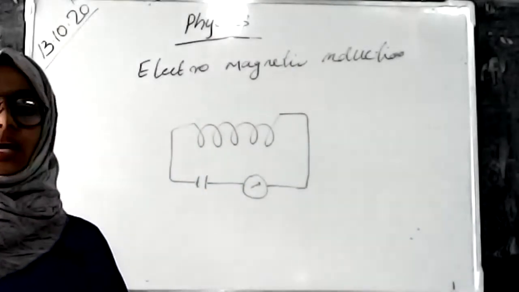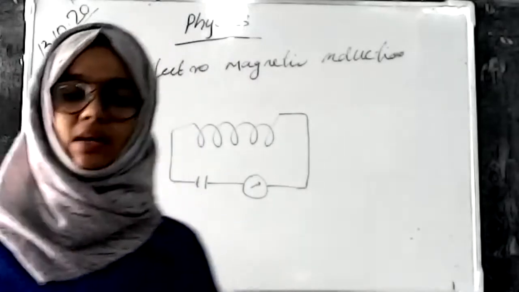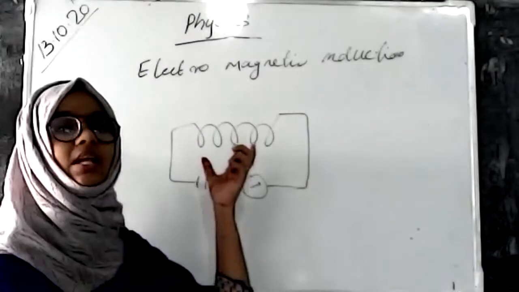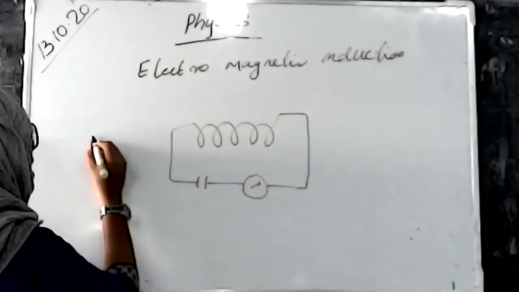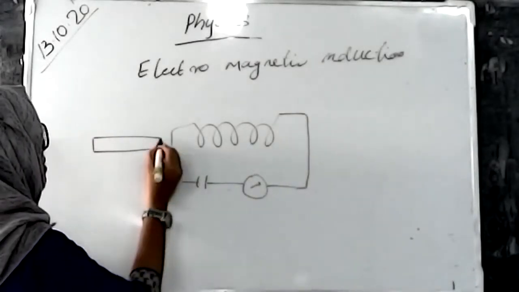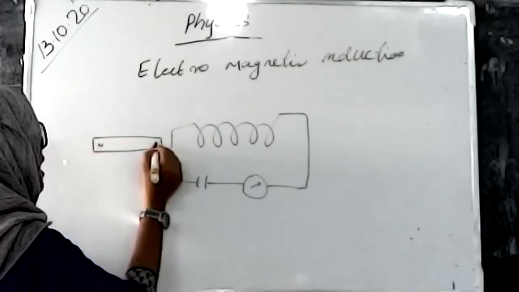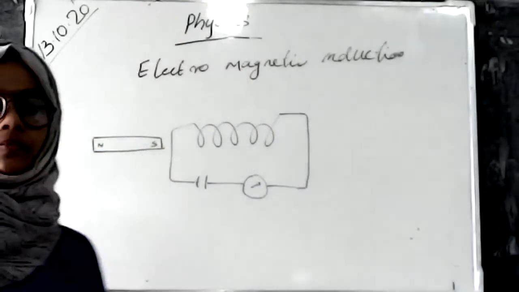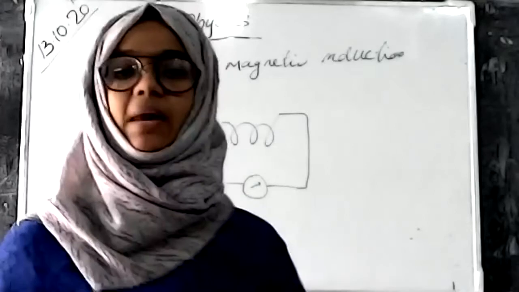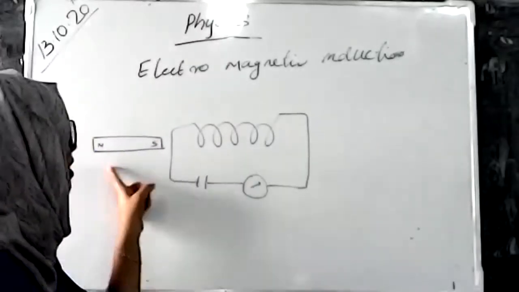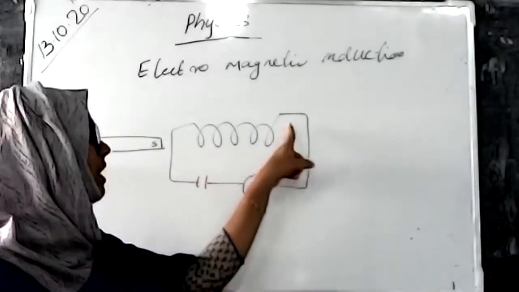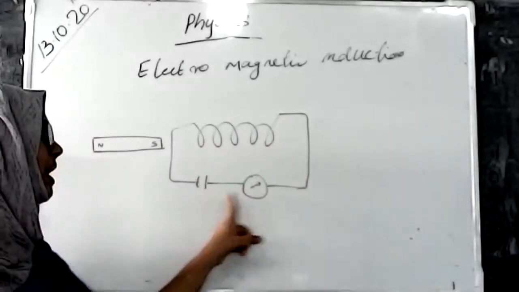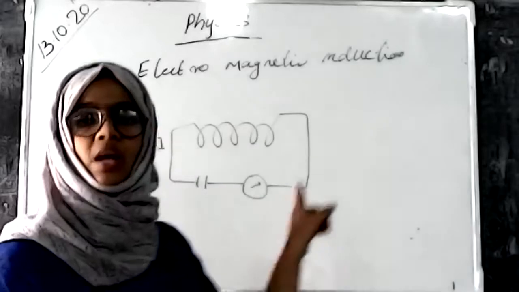And for understanding electromagnetic induction, we use a bar magnet that has a north pole and a south pole. In this circuit, we are using a solenoid, a cell, and a galvanometer.